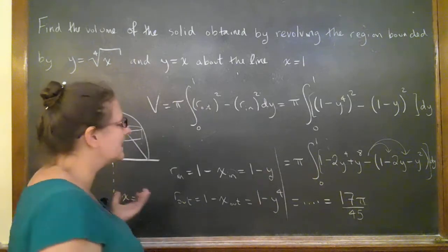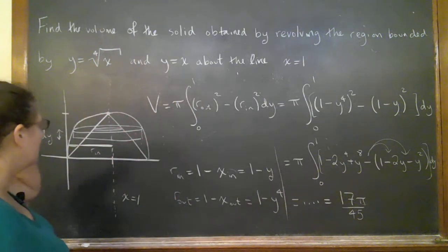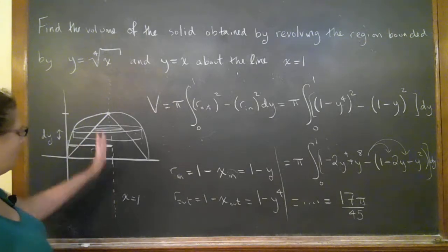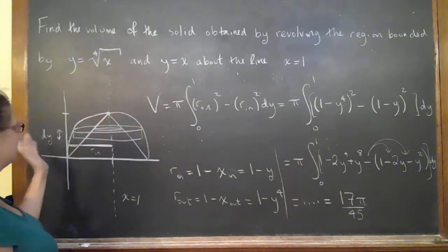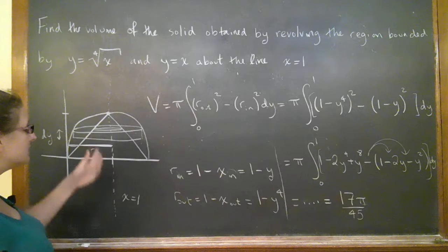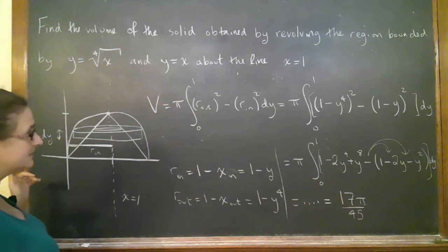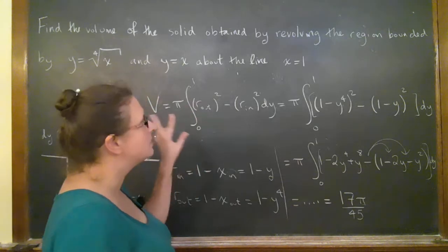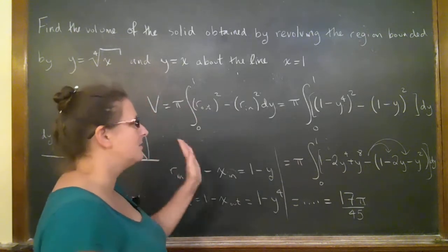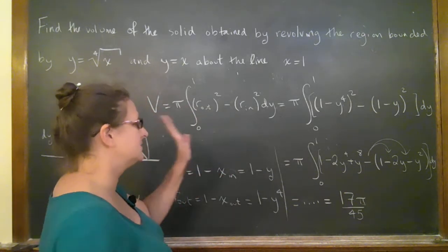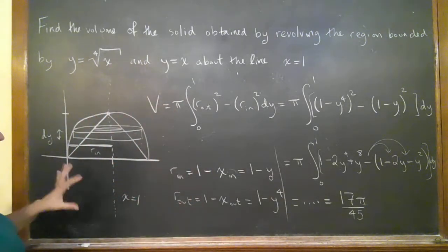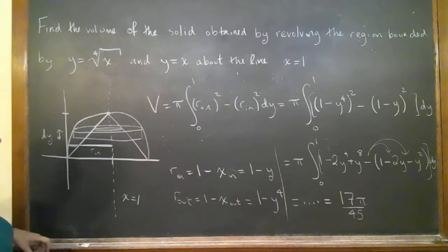So this is the idea. If you are rotating around something that's not one of the coordinate axes, it's always going to be somehow the number minus the other thing, or this minus the number, or whatever.